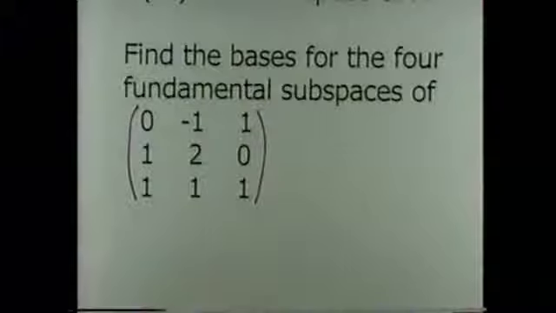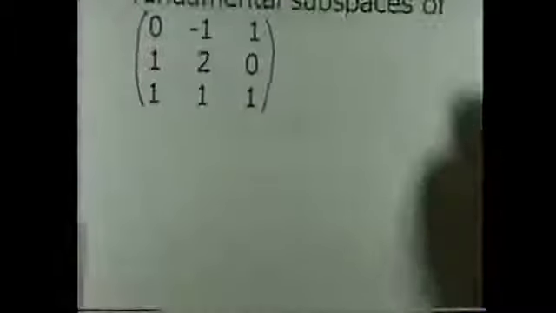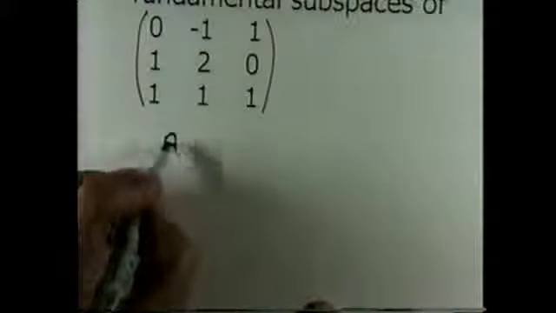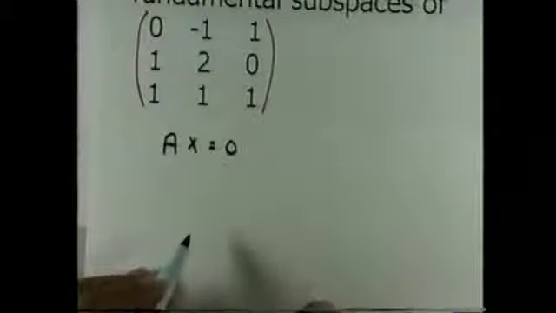Find the basis for the four fundamental subspaces of the matrix 0, negative 1, 1, 1, 2, 0, 1, 1, 1. Well, first, we'll get the basis for the null space of A. So remember, the null space of A, we want vectors x such that A times x is equal to 0.